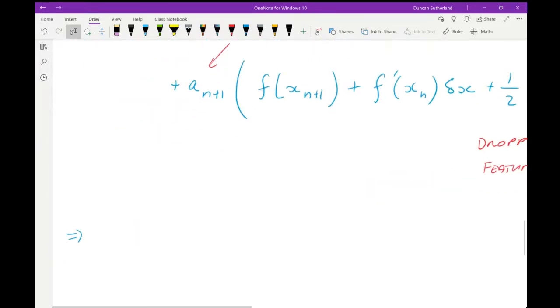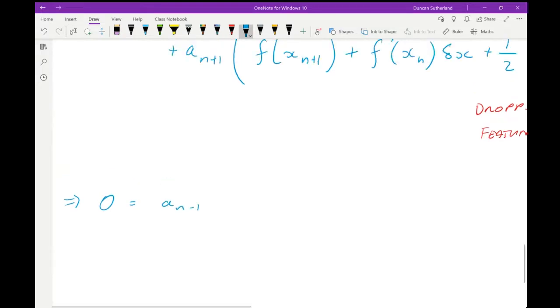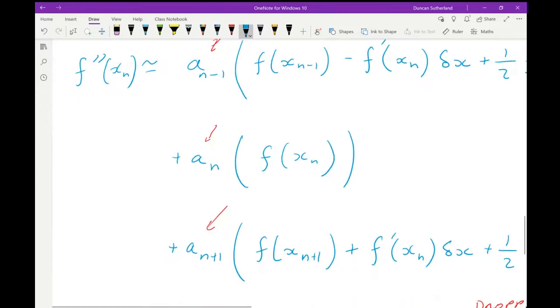So 0 equals a n minus 1. So that's this term.